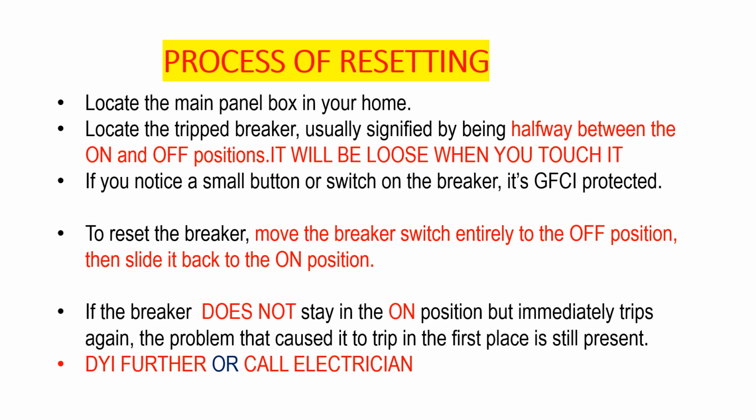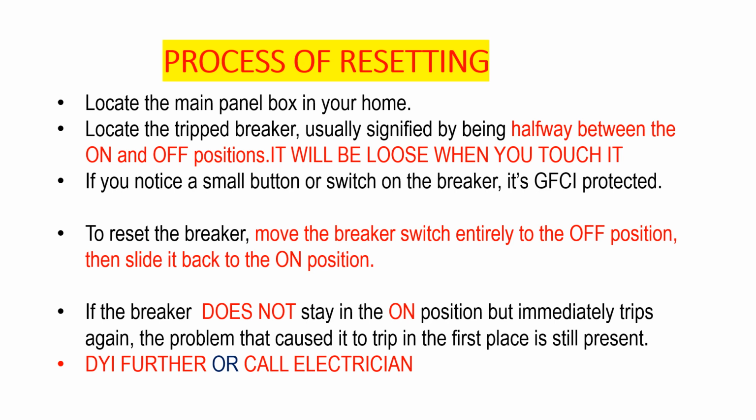If the breaker does not stay in the on position and immediately trips, then it means that there is a permanent fault. Before calling the electrician, you have to look into whether at some of the sockets some kind of equipment is already connected, some vacuum cleaner, anything which is already plugged into the receptacle or socket.